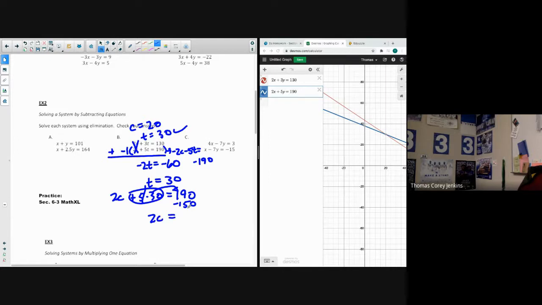And then 190 minus 150 is going to be 40. And then C equals 40 over 2, which is 20. That also jives with that. Now we have a good answer and work that goes along with it. Okay.